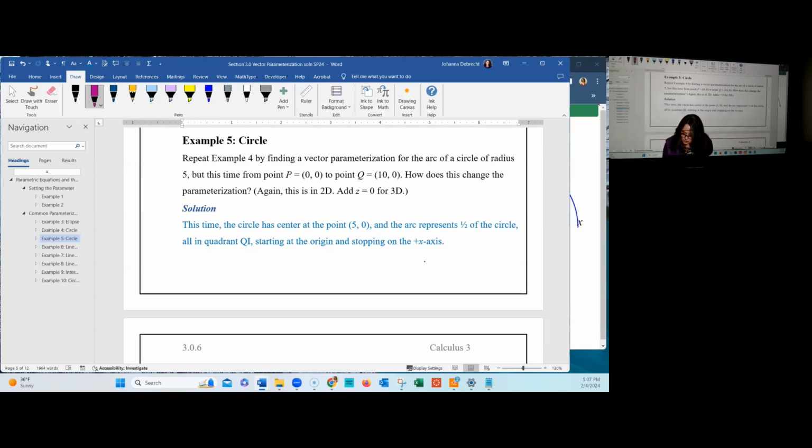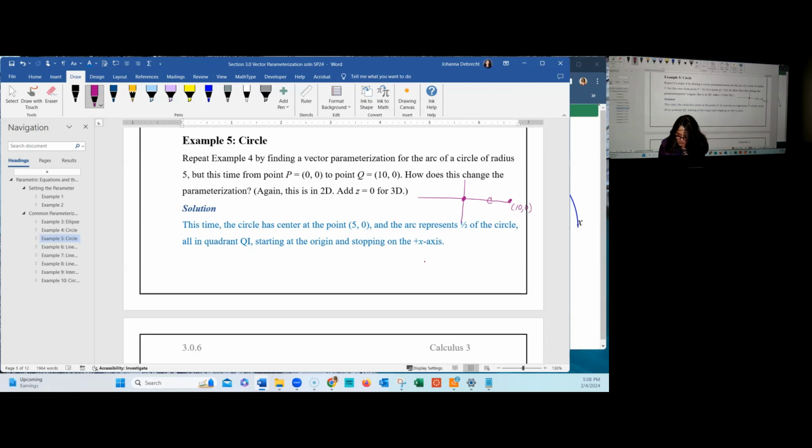Now, if I have a circle, and my circle has radius 5, and I start here, and I end up here, at 10, 0, I know the radius is 5. That's a distance of 10. That must mean that these are endpoints of the diameter of the circle, which must mean that the center of the circle is in between.